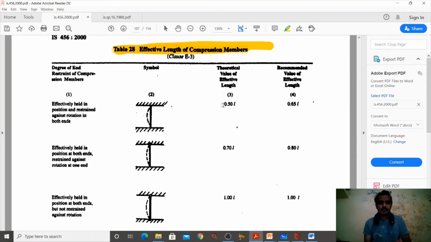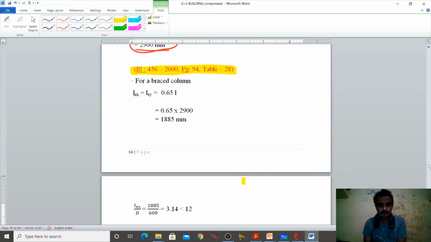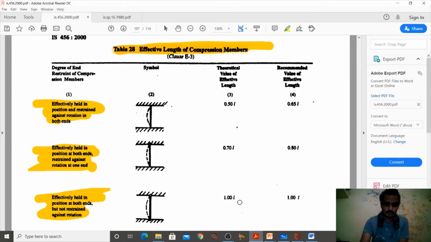Now we have the degree of end restraint of compression member: effectively held in position and restrained against rotation at both ends; effectively held in position at both ends and rotation restrained at one end; effectively held in position at both ends but not restrained against rotation.